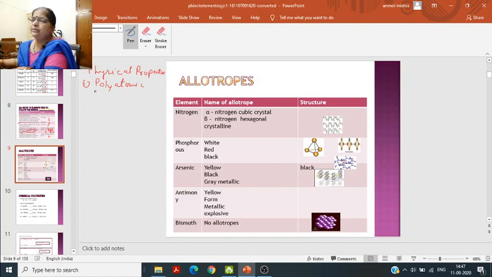For example, nitrogen is diatomic. Then phosphorus is tetraatomic.